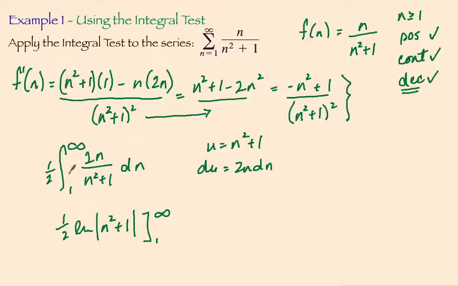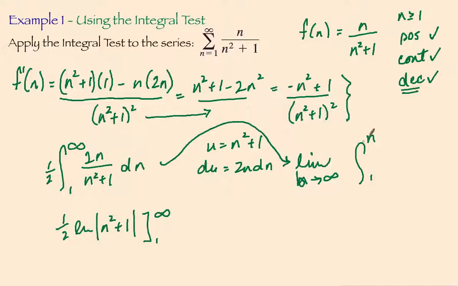Since this is an improper integral, I should have set this up as a limit, as you know, and shame on me for not doing that. So let me go over here and show you what that would look like. It would end up being the limit as b approaches infinity of the integral from 1 to b of, I'll go ahead and put the coefficient that I added, 2n over n squared plus 1 dn.